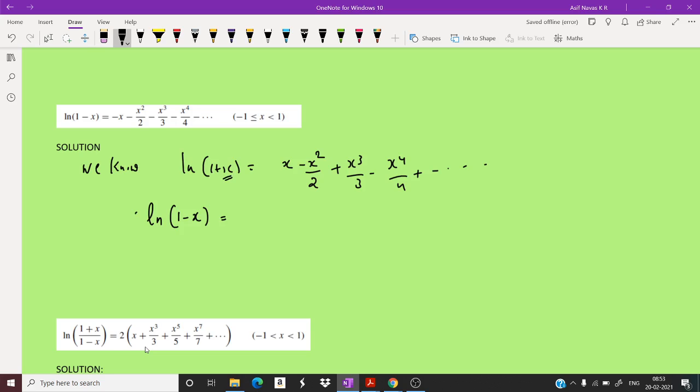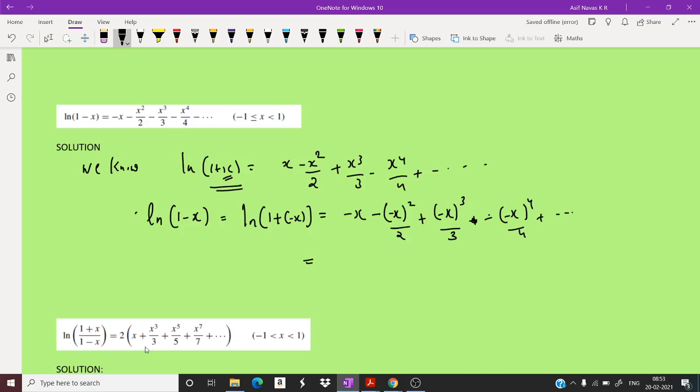That means we will replace x by minus x, right? This is actually equal to 1 plus (minus x). So in this equation, we will replace x by minus x. So this is equal to minus x minus (minus x) squared by 2 plus (minus x) cubed by 3, plus (minus x) raised to 4 by 4, etc.